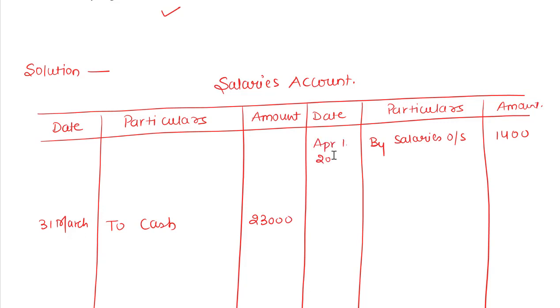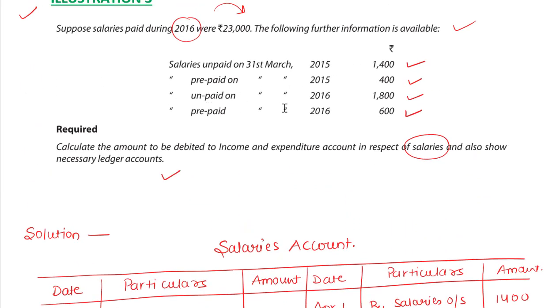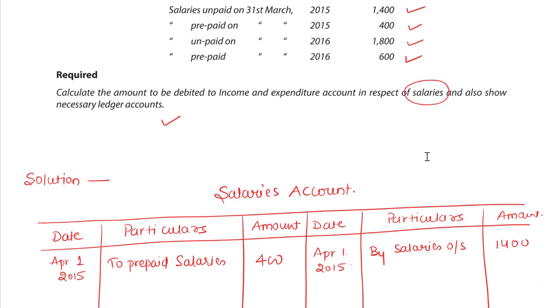April 1, 2015, to prepaid salaries, 400. Unpaid salaries on 31st March 2016, 1800, and prepaid salaries on 31st March 2016 is 600.